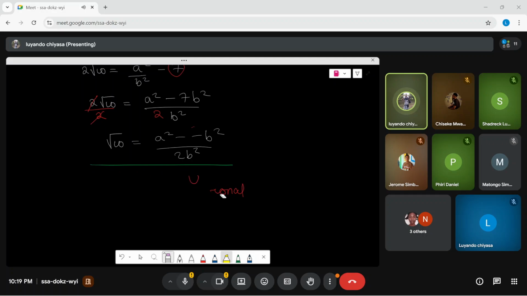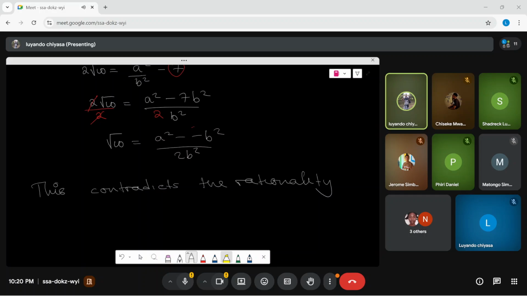So you can conclude then to say that this contradicts the rationality of root 2 plus 5. Thus it is irrational.